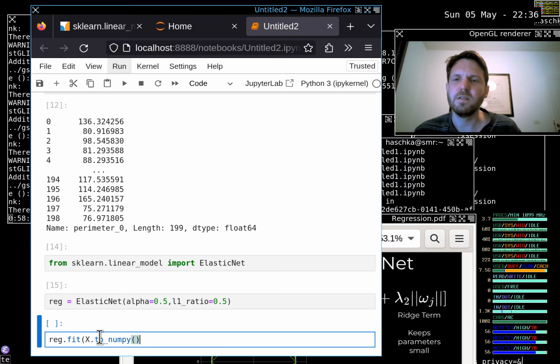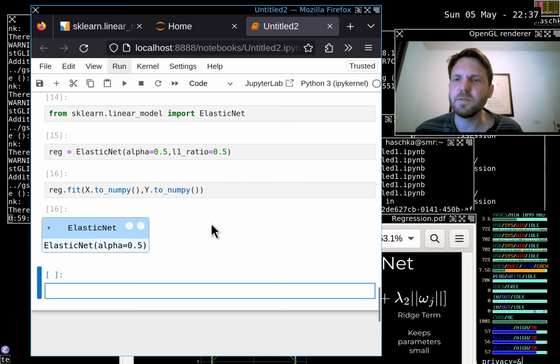It helps me avoid these shape errors. If I have it in the wrong shape, as it's a numpy array, I can just reshape it as we have seen in the first lecture of this course. So we fit, and we get out that this here is our elastic net.